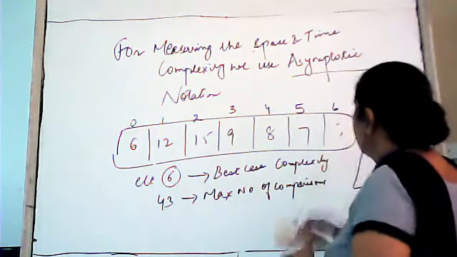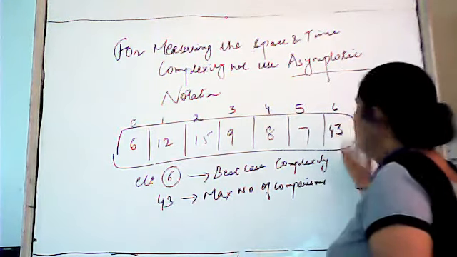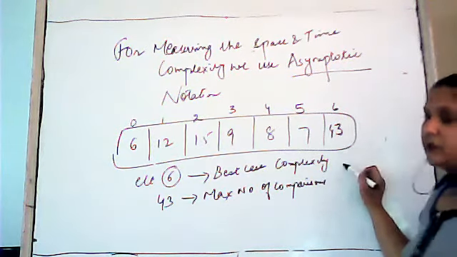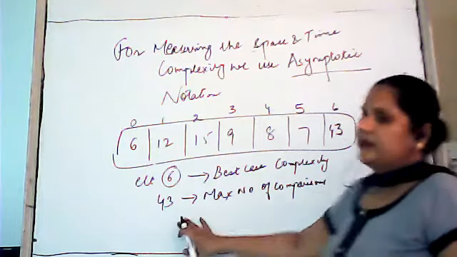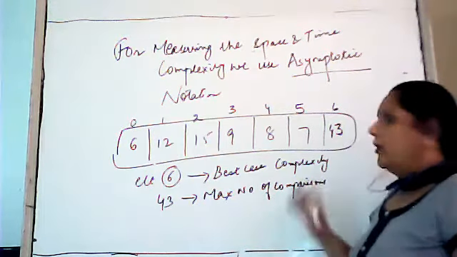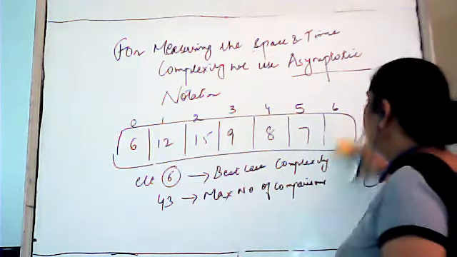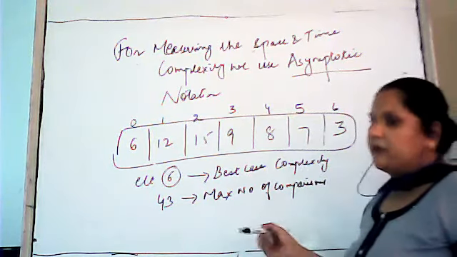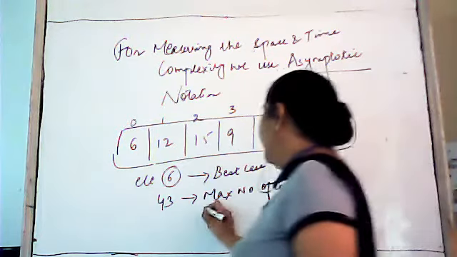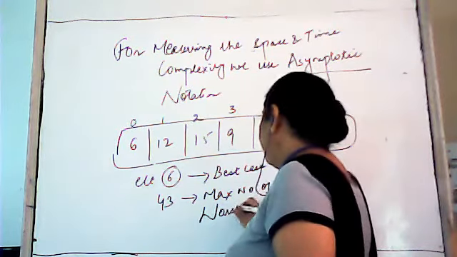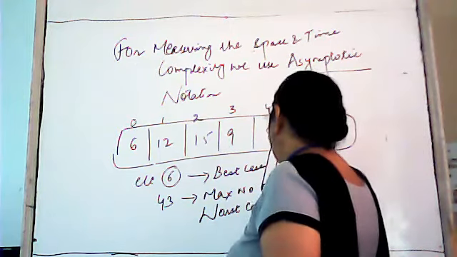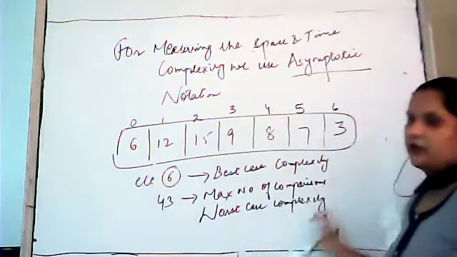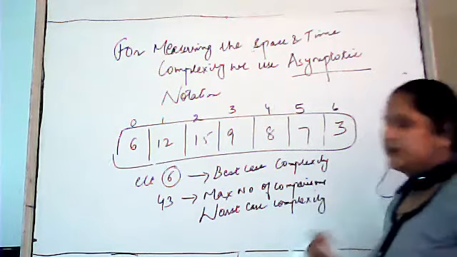Suppose instead of 3, it is 43. So that means I have made 6 comparisons in order to find the 43. Since for looking, I have to make the maximum number of comparisons, it is called worst case complexity.